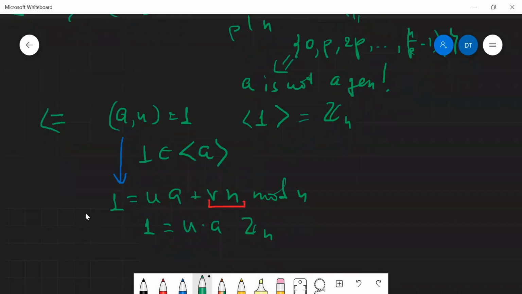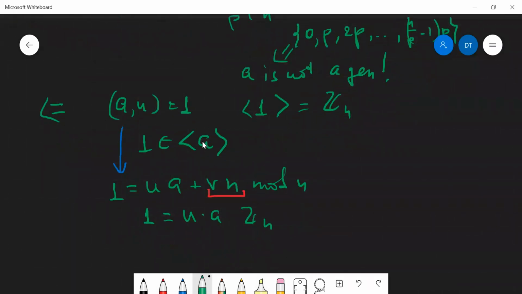But what is here? Our operation is addition. So what is the cyclic subgroup generated by A? It's a set of all elements of this form. We just multiply A by all possible integers.